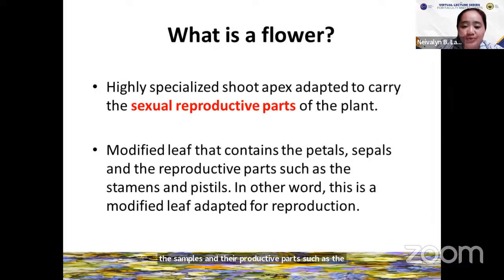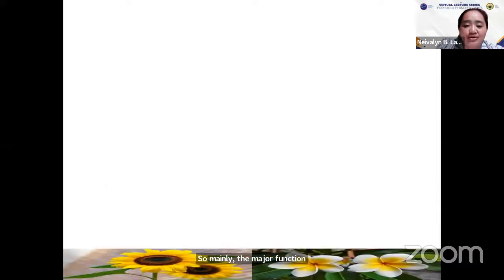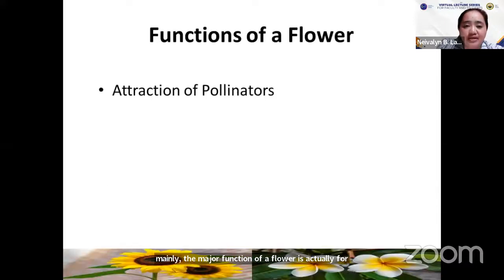In other words, a flower is a modified leaf adapted for reproduction. So the major function of a flower is reproduction. But we will take one at a time the different functions of a flower.